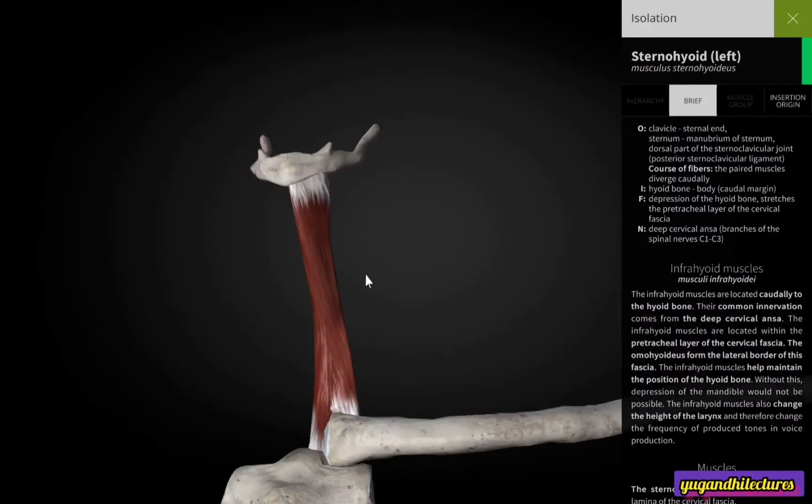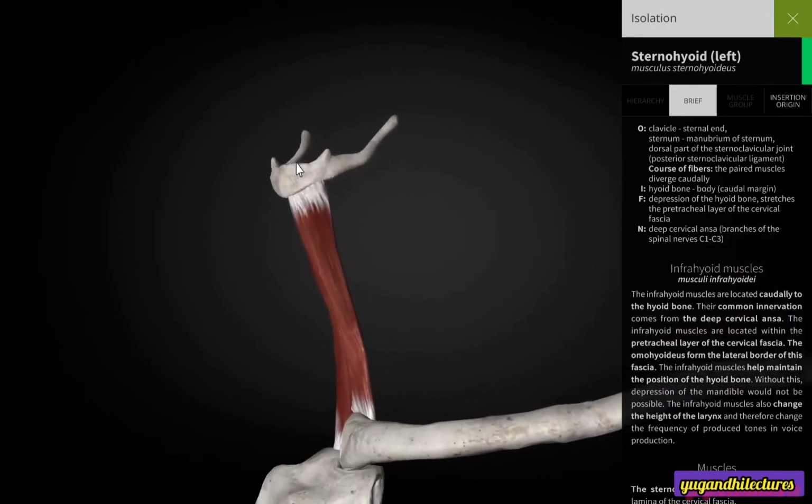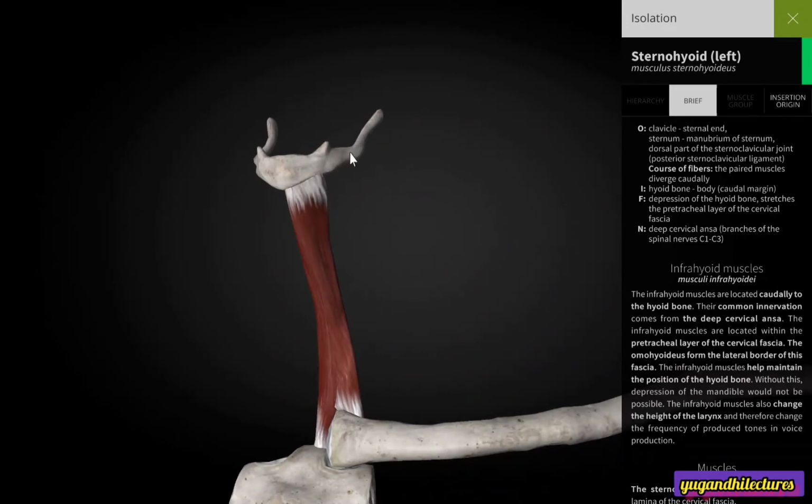And coming to the insertion of the sternohyoid muscle, here you can see the insertion of the muscle. It is inserted into the lower border of the hyoid bone, and that too on the medial portion. You can see this is the body of the hyoid bone, this is the lesser cornua and this is the greater cornua.